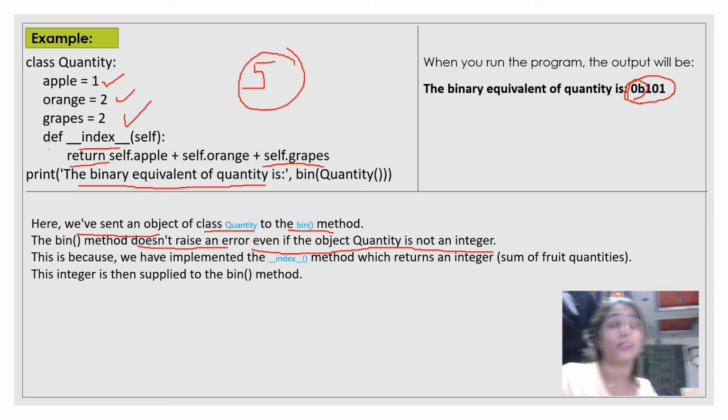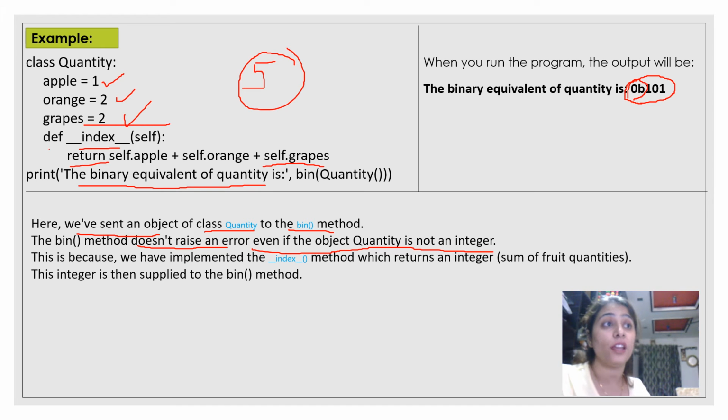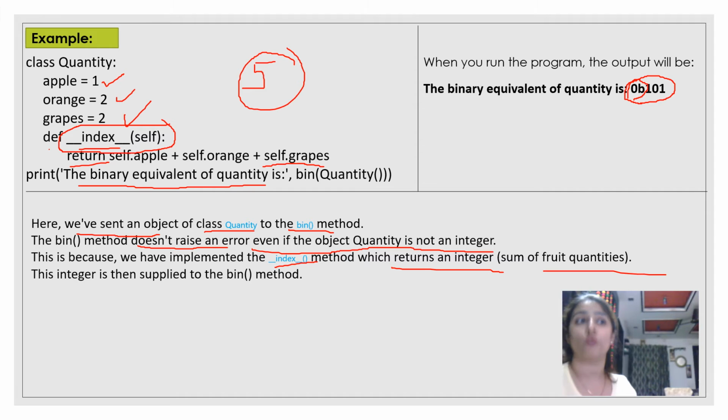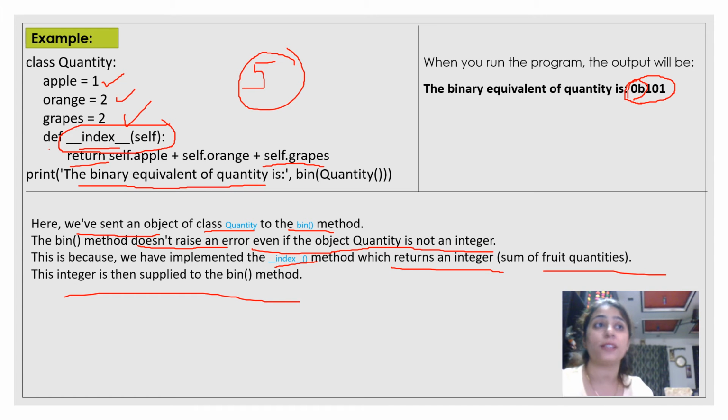But because we are using __index__, this method returns an integer value, meaning the sum of the fruit quantities, and this integer is then supplied to the bin method. I hope this example is clear to you. Because we are using __index__, it is not raising an error.